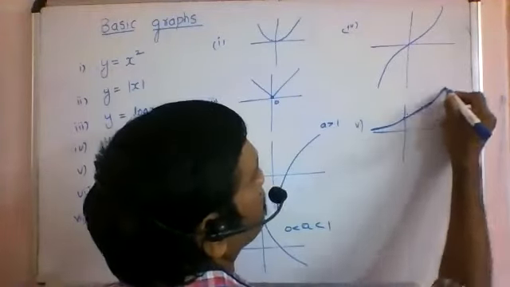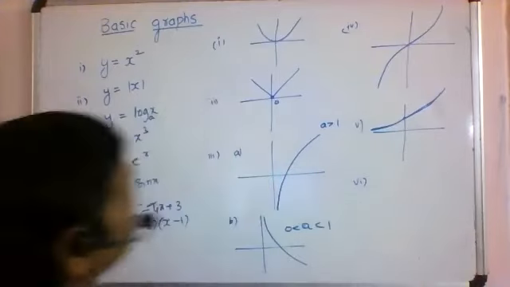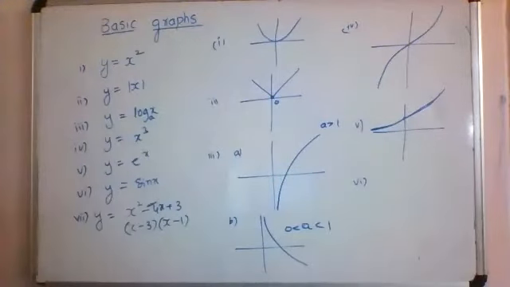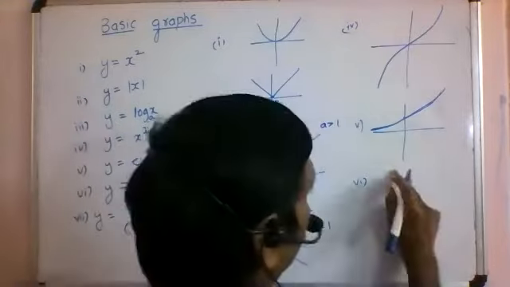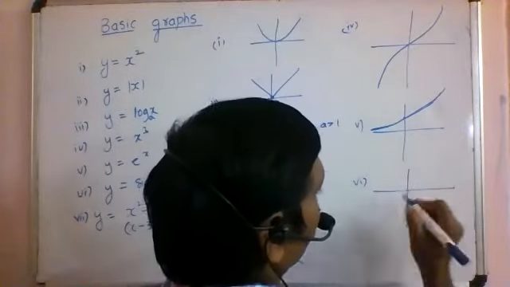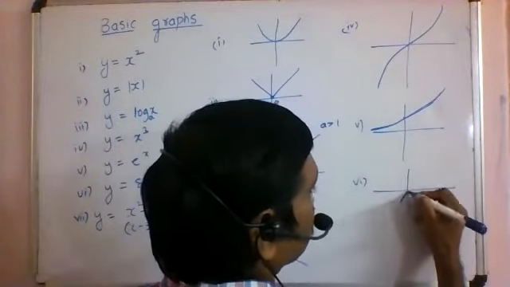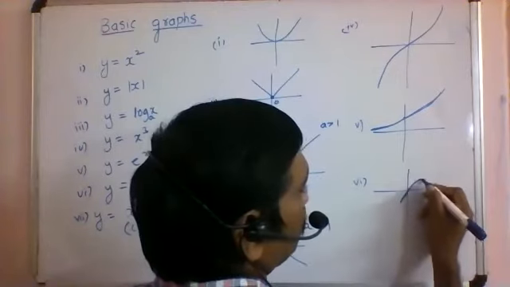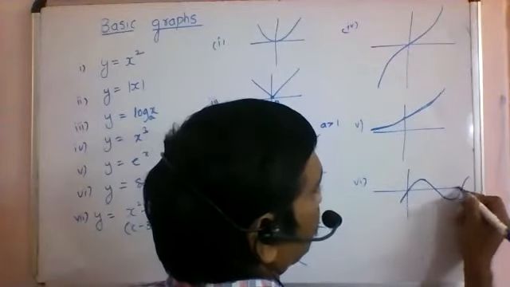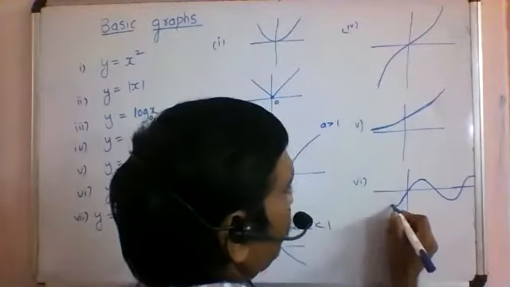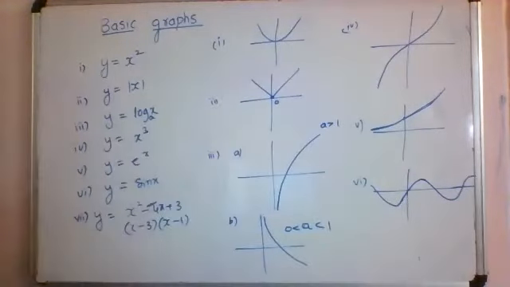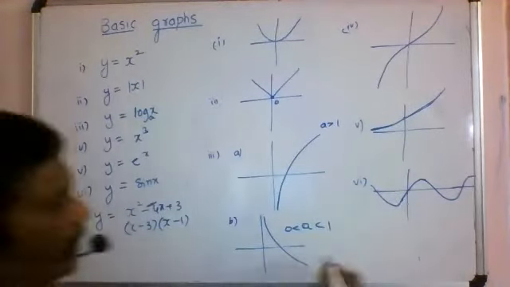So it will go like this. That is e power x. And sin x, your favorite one, you know, at 0 it crosses; maximum value is 1, minimum value is minus 1. It is a wave like this. That is y is equal to sin x.